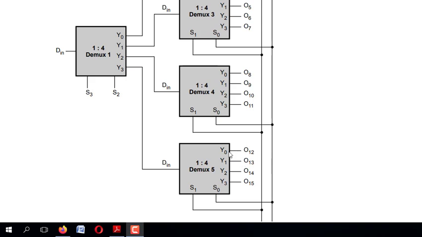If I am going to get my output here, then my input should come from this Y3, isn't it? At a time both selection lines will be 1 and 1, S3 will be 1, S2 will be 1. So if both become 1, you will be getting D in at Y3. Again, this output will be the input for demux 5, and again this D can be obtained in any of these outputs with respect to the selection lines.